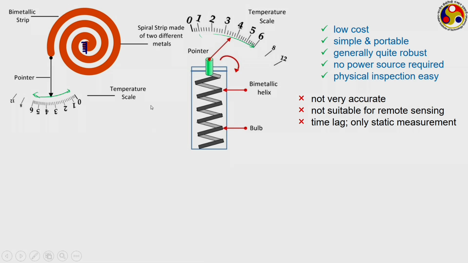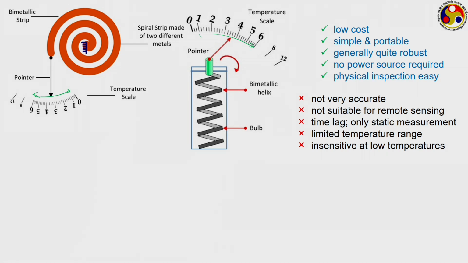So, it is more suitable for static measurement. Limited temperature range, because the range is limited by the properties of these two metals. Finally, insensitive at low temperatures and not suitable for digitization.